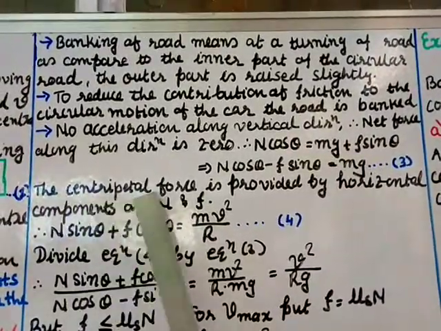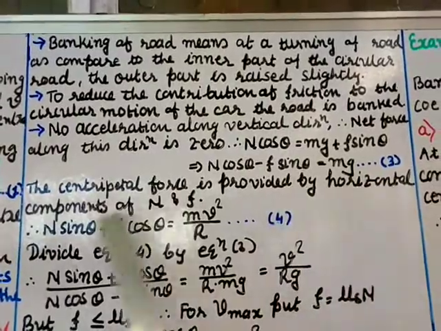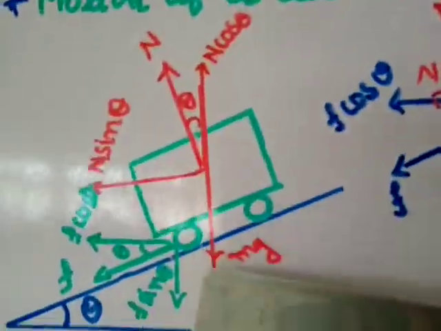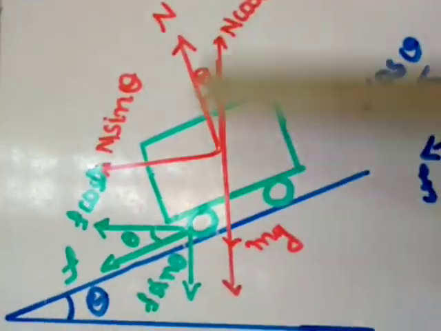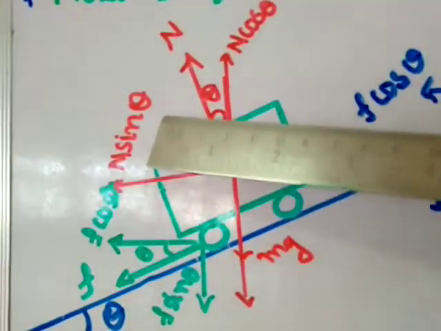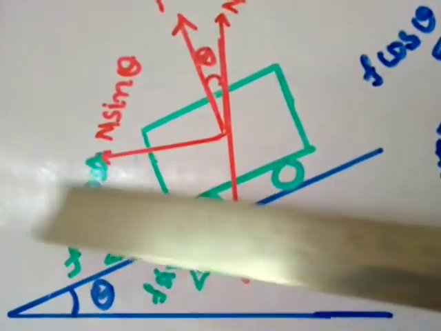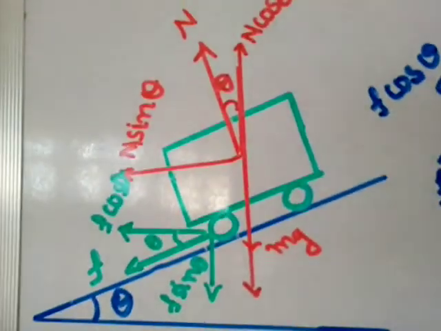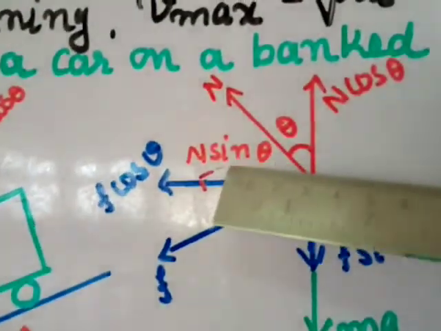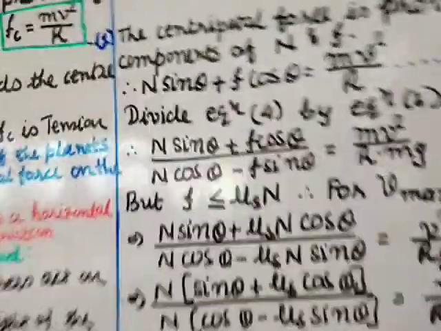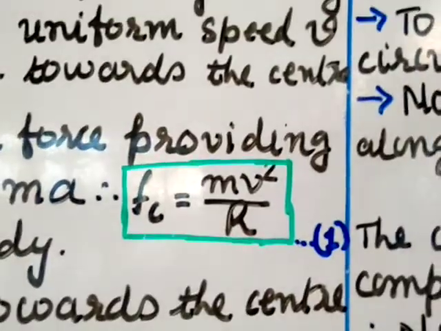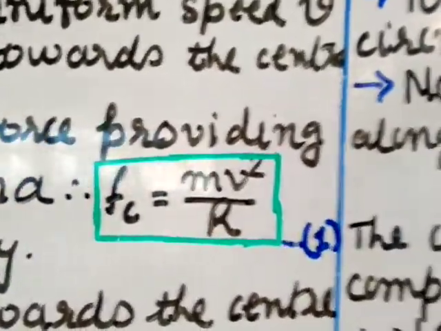The centripetal force is provided by the horizontal components of N and F. I was telling you before, the horizontal component of N is N sin theta, and for F, the horizontal component is F cos theta. In this figure, these are N sin theta plus F cos theta. They will provide the centripetal force, and centripetal force is given by the formula Fc equals mv square by r.